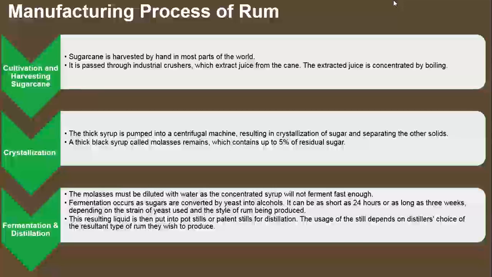The timing can be as short as 24 hours or as long as 3 weeks, depending on the strain of yeast utilized and the style of rum being produced. The resulting liquid is then put into a pot still or patent still for distillation. The use of the still depends on the distiller's choice and the type of rum they wish to produce.